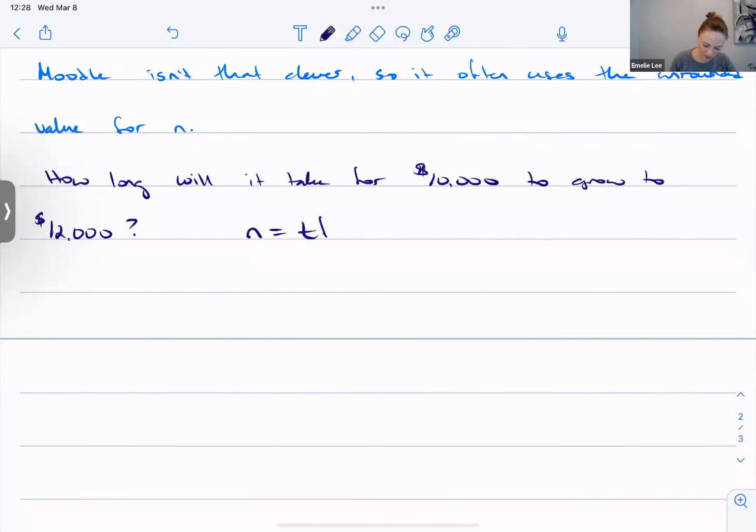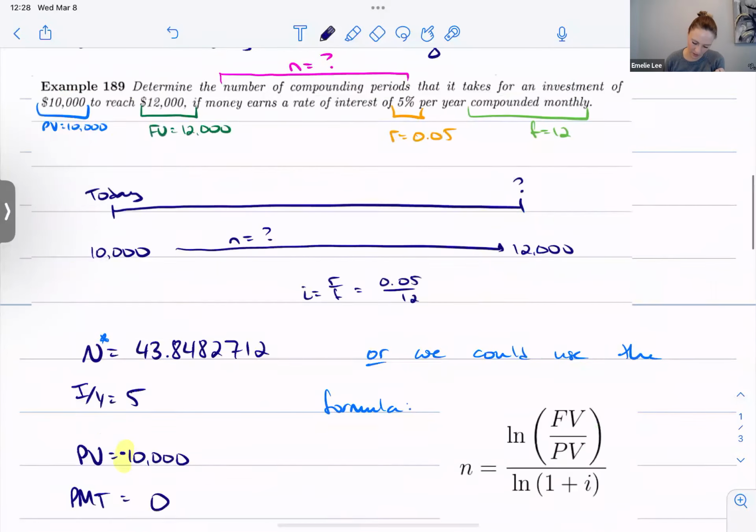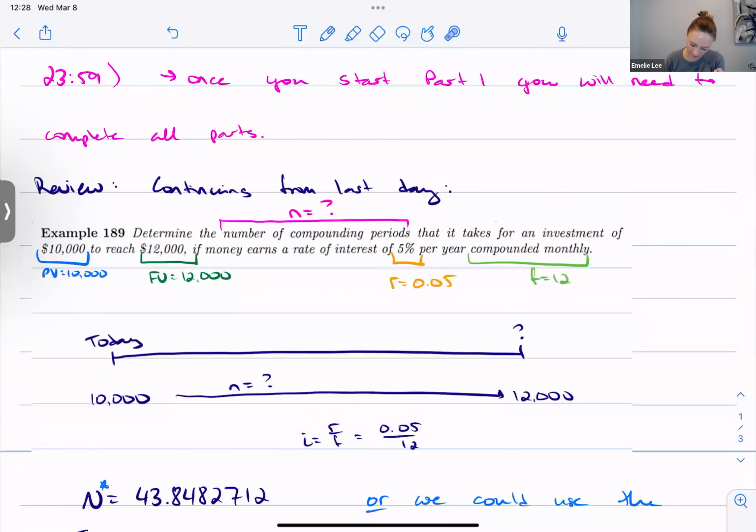N is the time times the frequency, right? And so I'm going to use the rounded value. We get 44 compoundings. And I want to solve for t, and the compounding frequency was monthly, right? So it's really saying that we need 44 months.